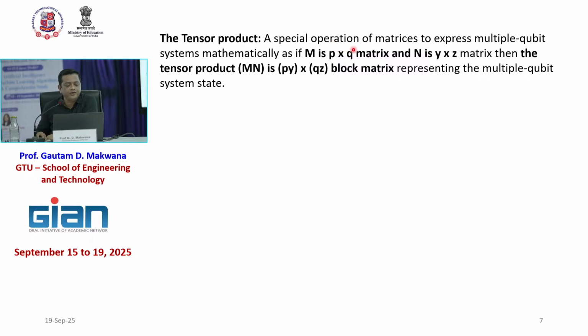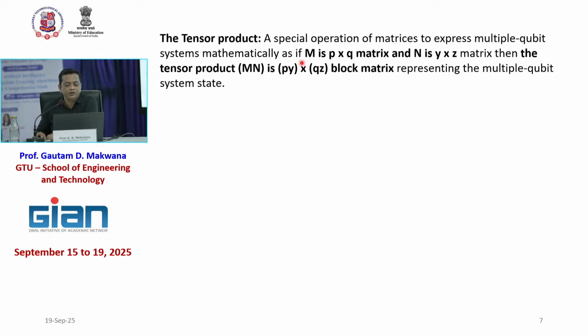It is an operation on matrices to express a multiple qubit system mathematically. If M is a P cross Q matrix and N is a Y cross Z matrix, then the tensor product M tensor N is a P times Y cross Q times Z block matrix representing the multiple qubit system.